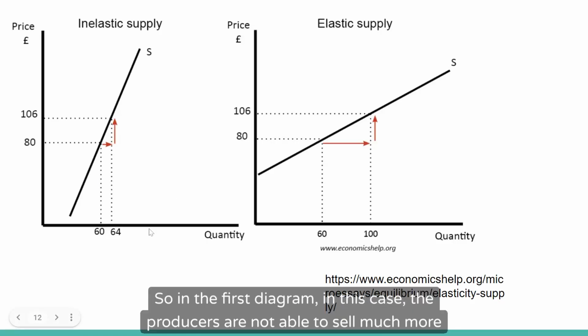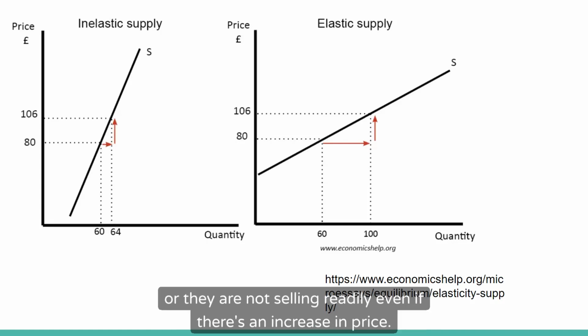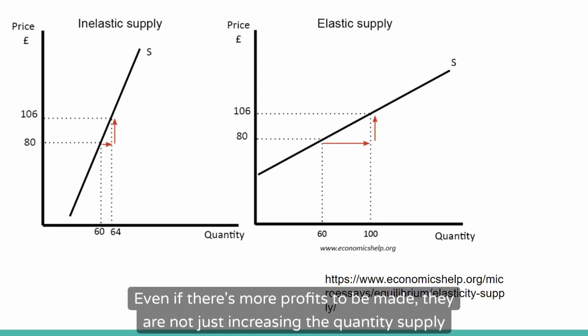So in the first diagram, the producers are not able to sell much more readily. We'll look at the reasons why later, but for now, they are not selling readily, even if there's an increase in price. Even if there's more profit to be made, they are not increasing the quantity supplied readily.